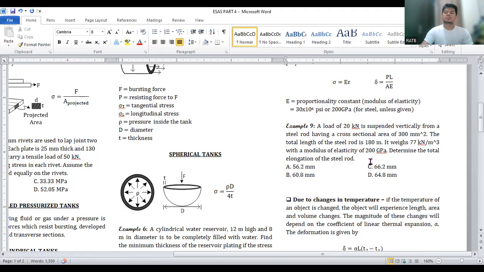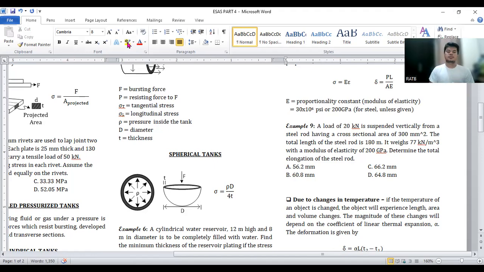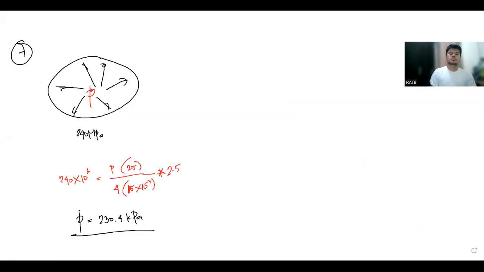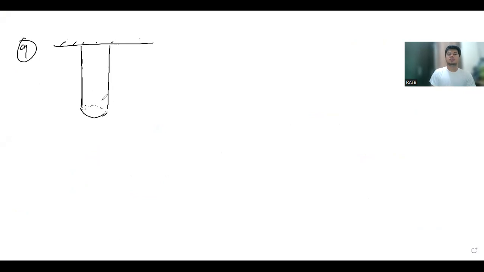Okay, so in problem number 9, you have a rod. It's not mentioned if it is circular, rectangular or square.